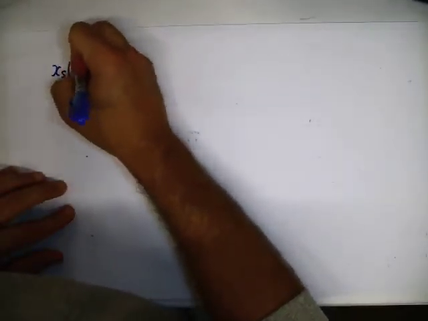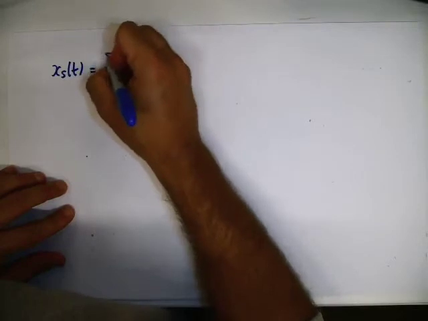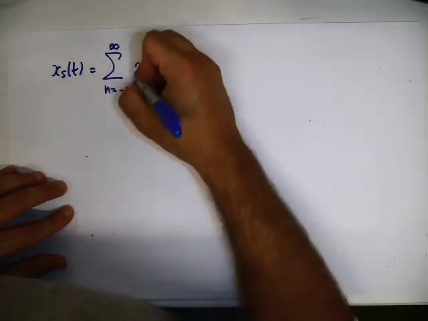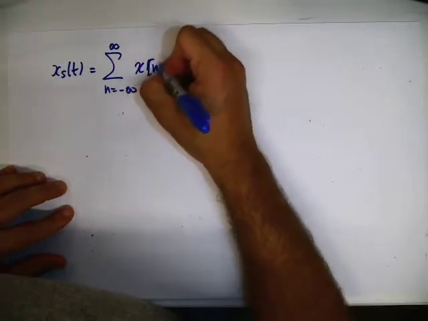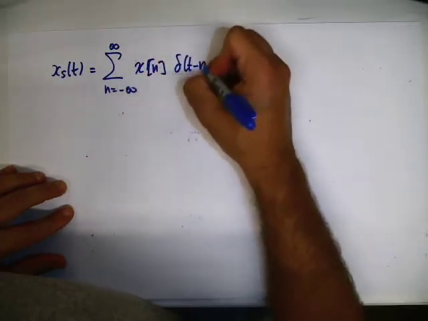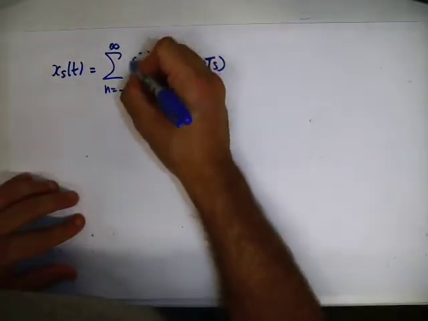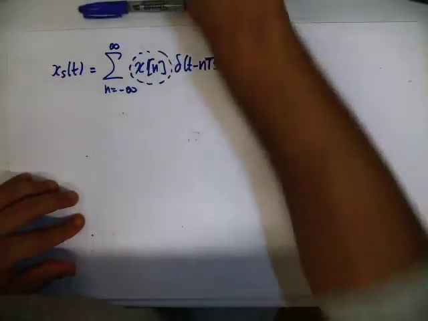Discuss here. We started with the Diractified signal, which basically contains the discrete signal.